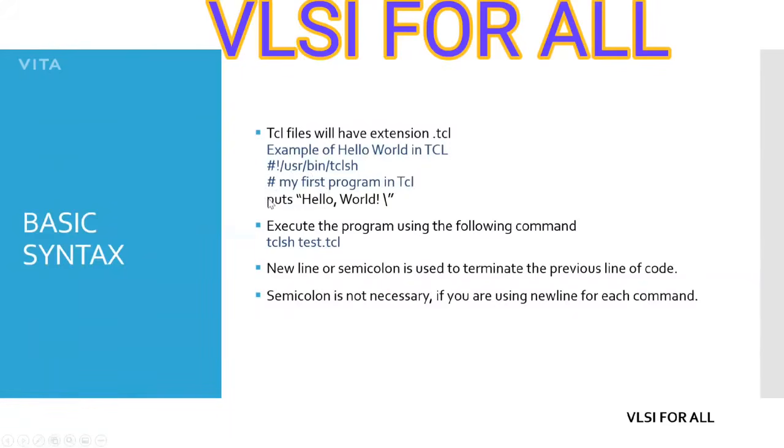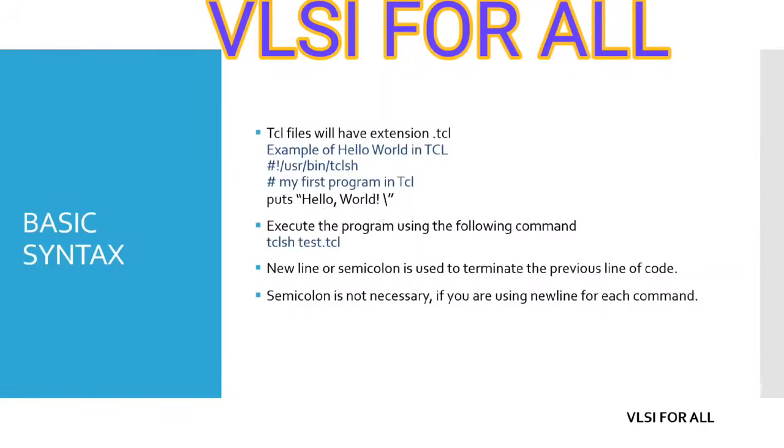And puts is the command. This is the first command we are learning. Puts is a command to print anything in your command prompt. So if you write anything within double quotes after puts, that's going to be printed in your command prompt when you execute a TCL script. Okay. And also when you write a line, and if you just write your second command in the second line, then there is no error.